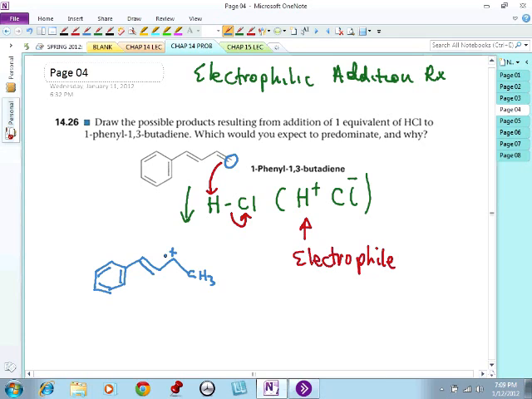Okay, so that is the first step in electrophilic addition reaction to a double bond. In this case, we have a conjugated double bond. So what do we have here? We have a carbocation, which is a secondary carbocation. It is also an allylic carbocation.